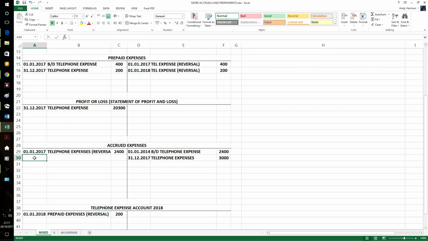And then the accrued expense, I haven't bothered to carry and bring these down this time. It's already coming up, but it's 3,000 this time.